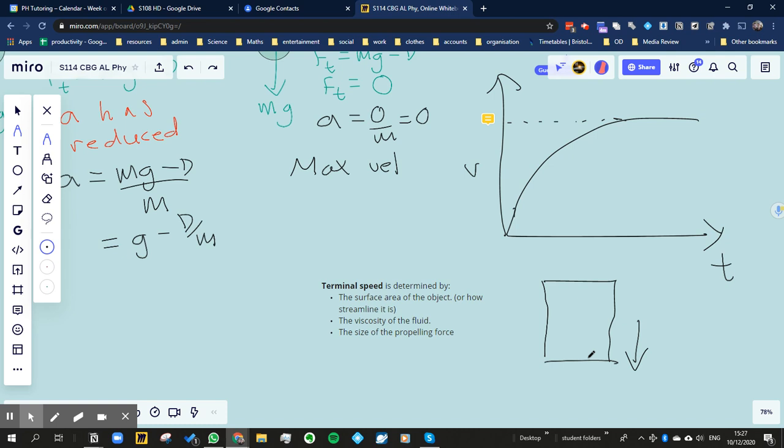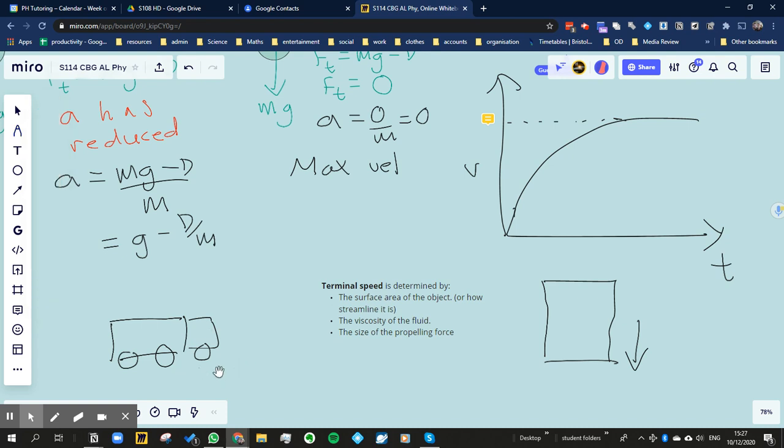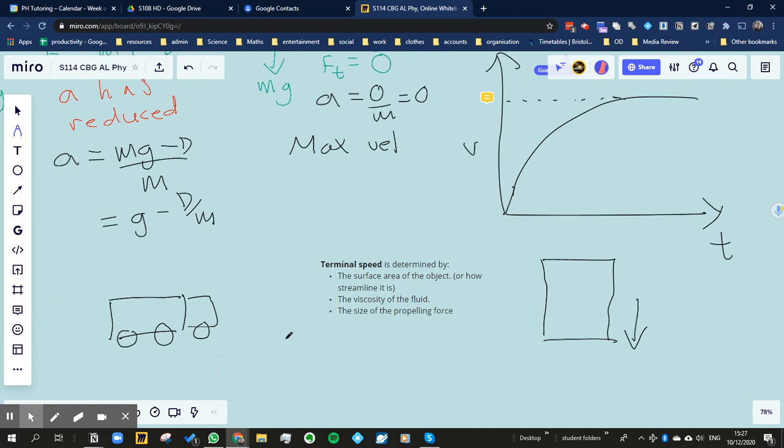So it's the surface area, or how streamlined it is as well. So, for example, if I've got a very unaerodynamic truck moving through the air, I can increase the surface area. I can put something like this on it, and that actually increases surface area.